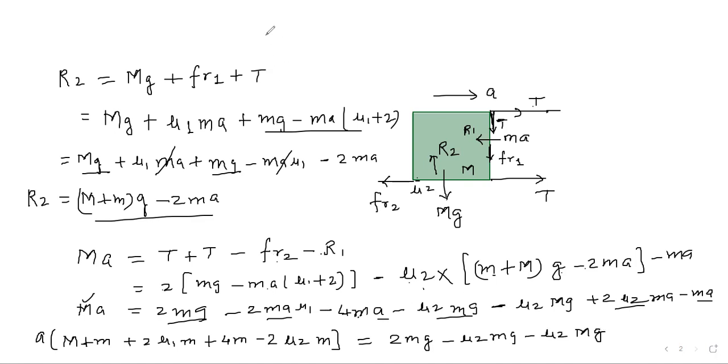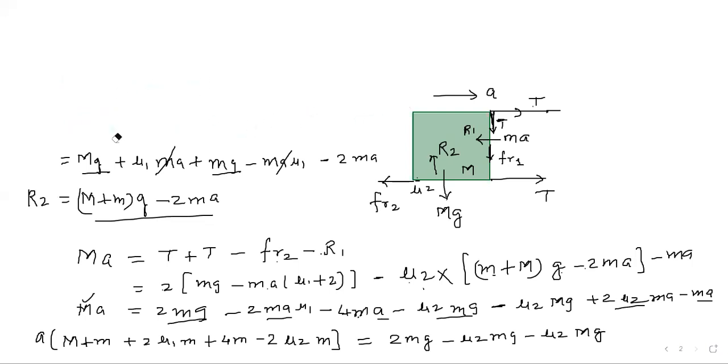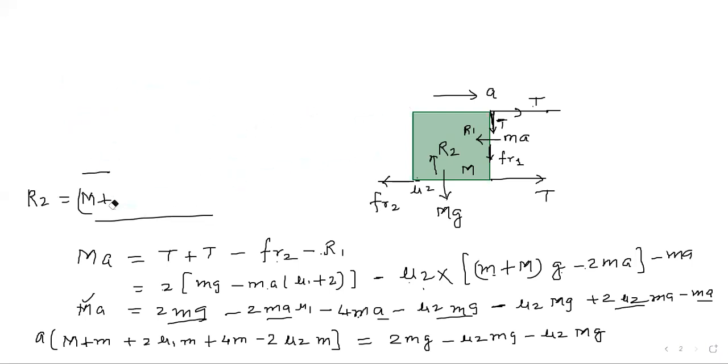So let's write it further. It will become A times, here this is small m, this is 4m, so this will become 5m.